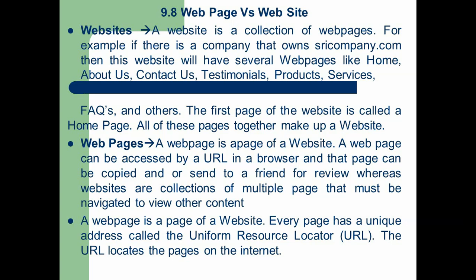The first page of the website is called the home page and other pages are called web pages. A web page can be accessed by URL, that is Uniform Resource Locator, in a browser, and that page can be copied or sent to a friend for review, whereas a website is a collection of multiple pages. A website also has a URL, but a web page is a single page that can be copied and sent for reference to others, but websites cannot be copied.